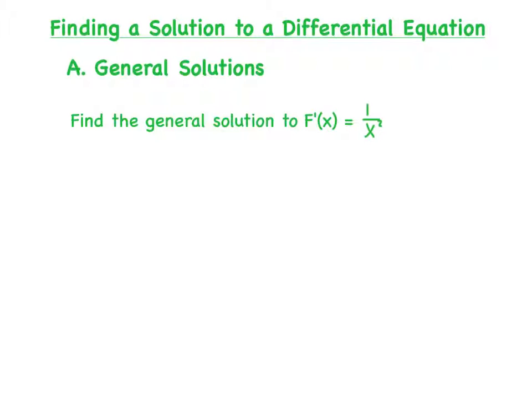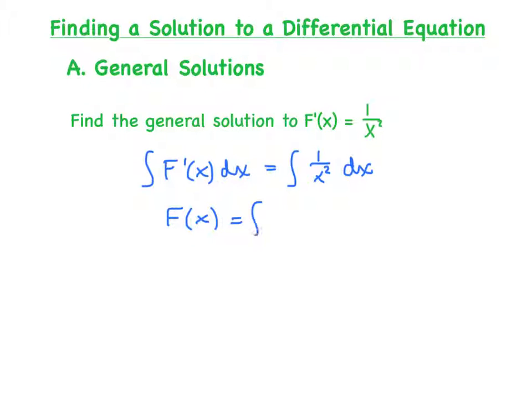So I'm going to go ahead and take the antiderivative of the left-hand side of my equation to go from f prime of x to f of x. If I take it of one side, I have to balance my equation, and I'm going to take it of the other side. And so what happens here is the antiderivative of f prime is simply f of x equals, and now I take the antiderivative of 1 over x squared, which, of course, I need to rewrite first as x to the negative 2.